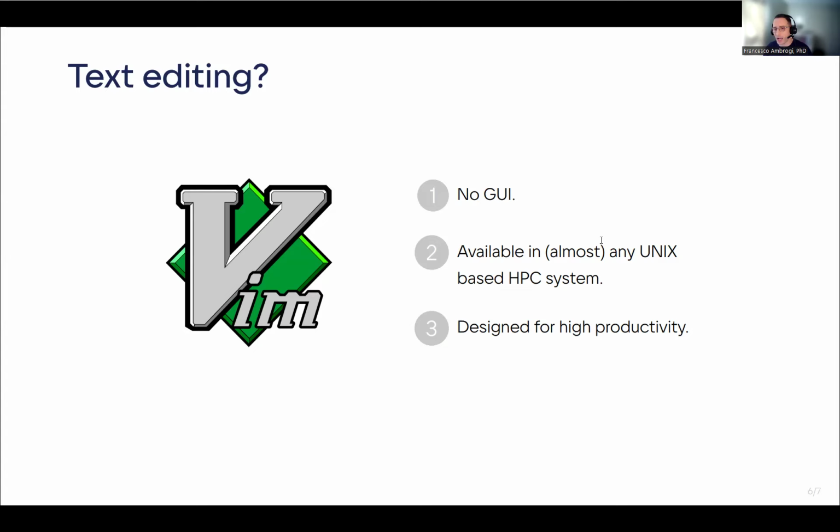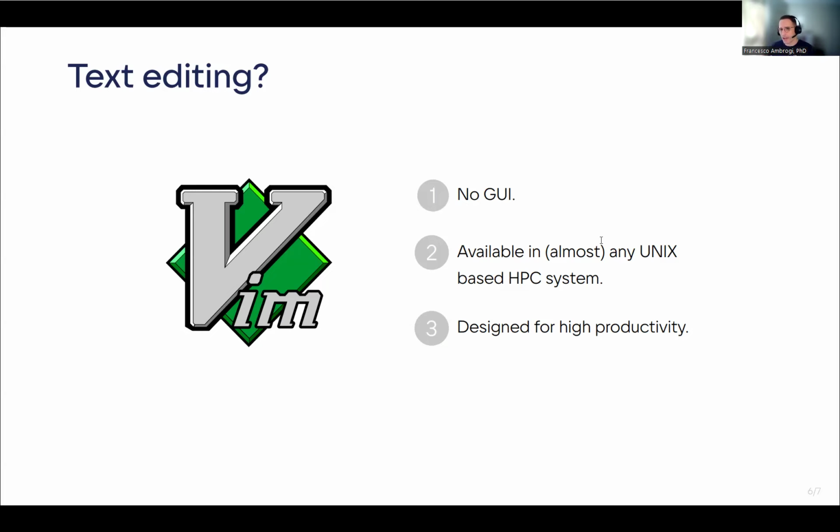One of them that we highly recommend in this course is Vim, or Vi improved. It is a wonderful command line based text editor, which has no graphic user interface. It basically pops up in your terminal line.